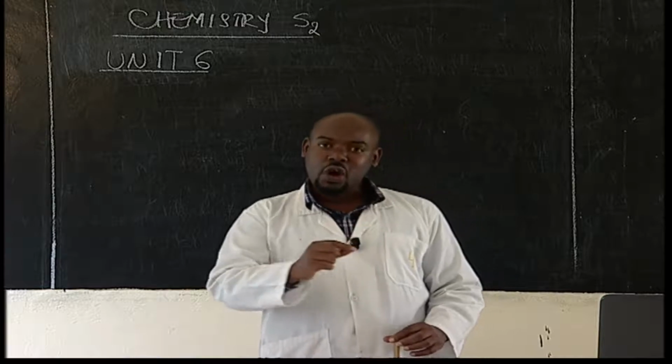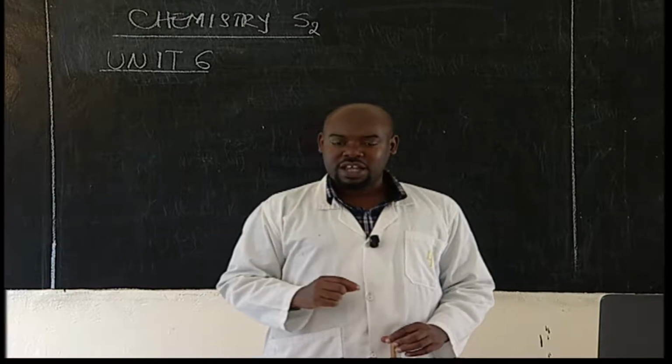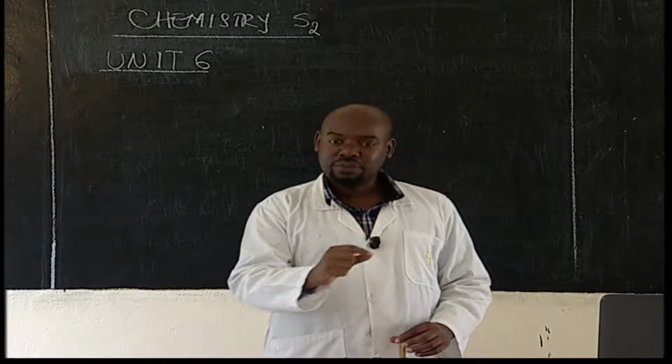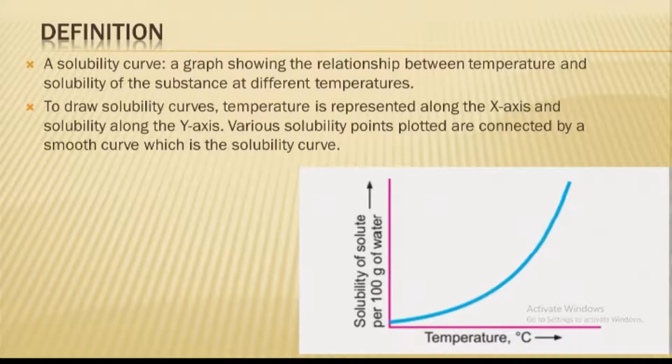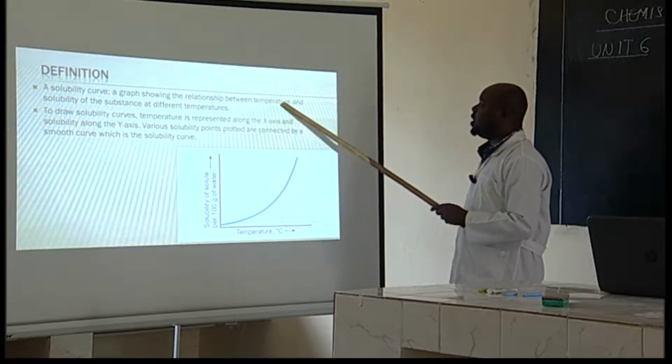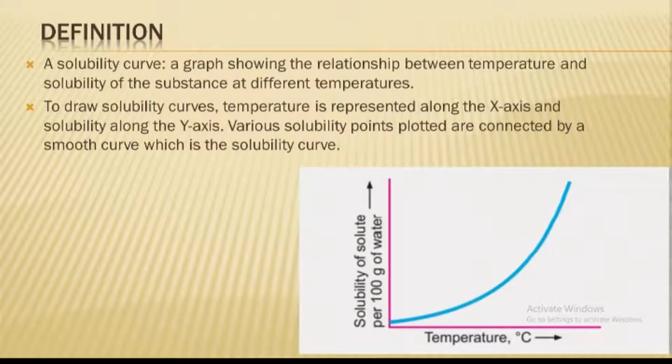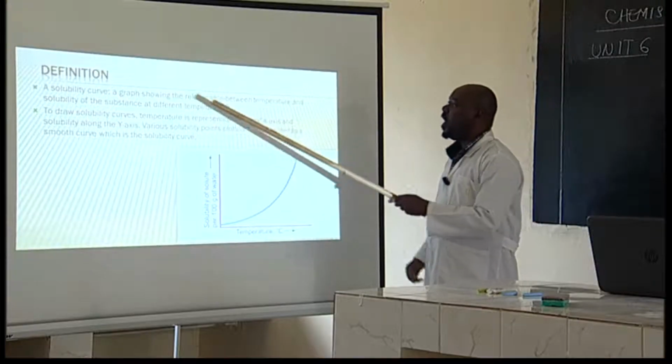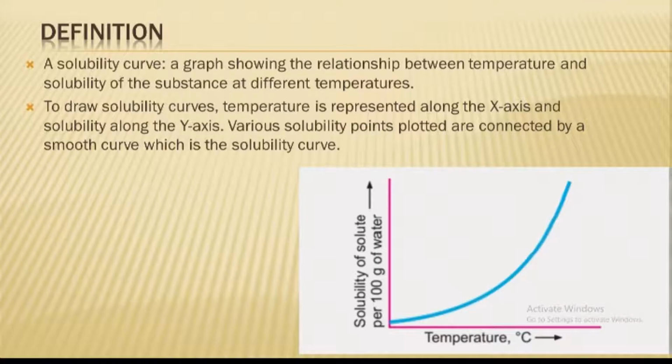And if we join all the points we get from the data we have, then we can get a graph. So the graph we get is the one we call a solubility curve. By definition, it is a graph which shows the relationship between temperature and solubility of the substance at different temperatures. Relationship means how temperature will affect the solubility.